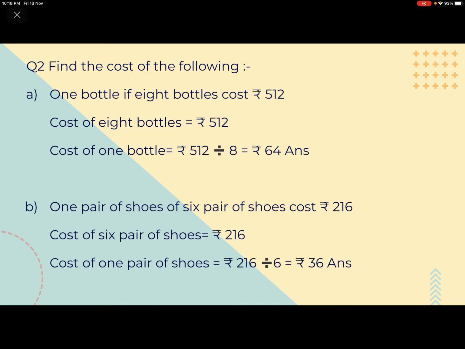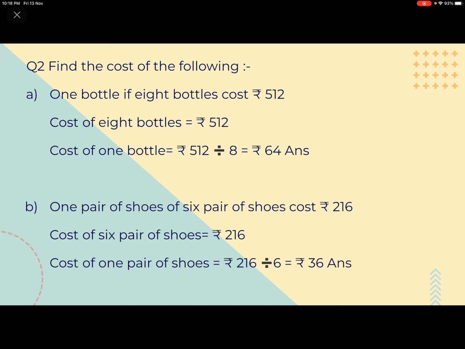So we divide. You can do a proper division by arranging it in the division box, or you can do the short division, remember. So 8 6s are 48, 3 remainder, 3 goes on the top of 2, 3 and 2 32, and 8 4s is 32. So rupees 64 is your answer. Put a line across after doing this.